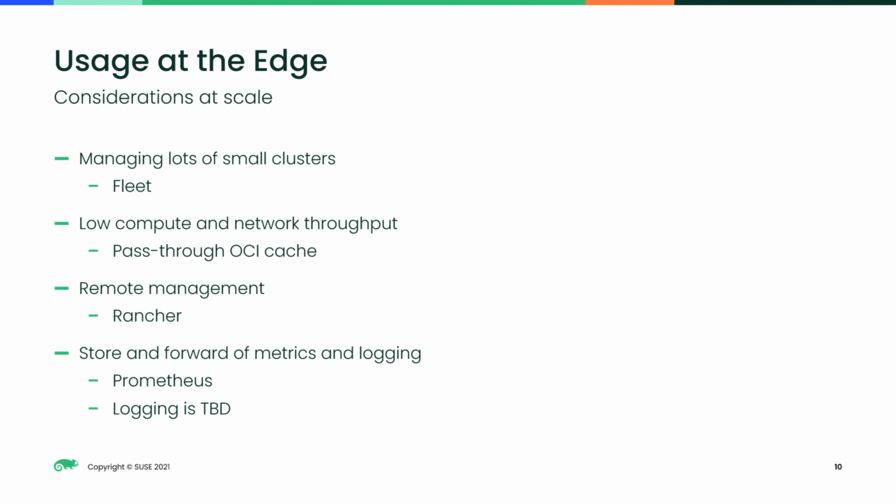Prometheus does this or can do this naturally just due to how it's architected. Logging is a little bit of a to-be-defined area. I believe OpenTelemetry has some specs out there around how they're going to manage this, and we will follow suit or even help as we can.